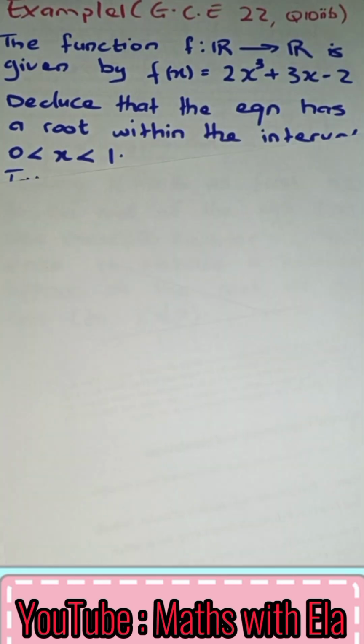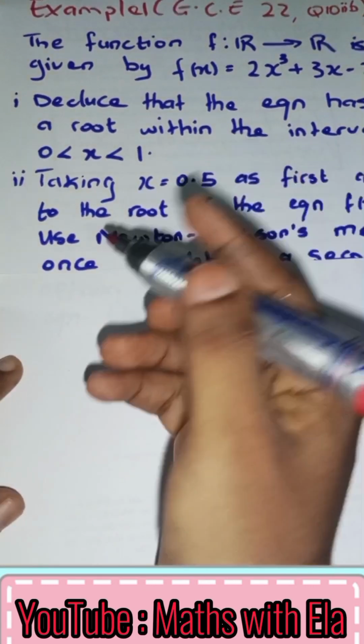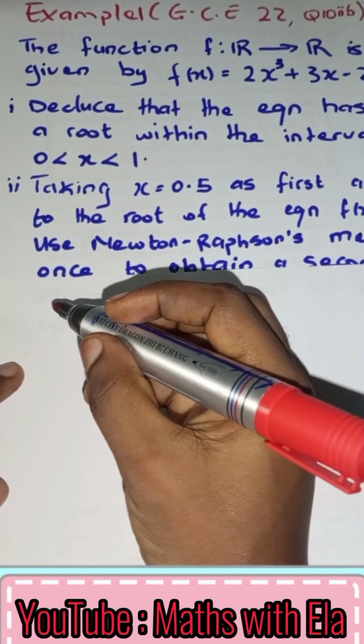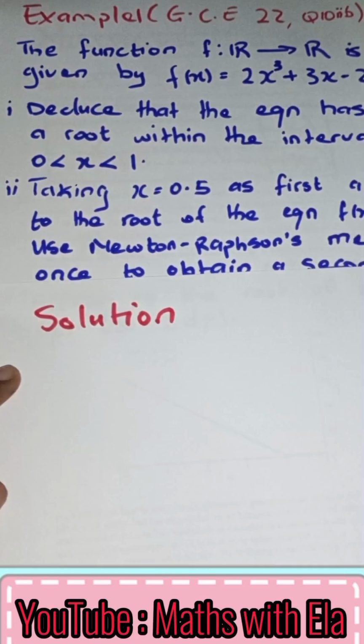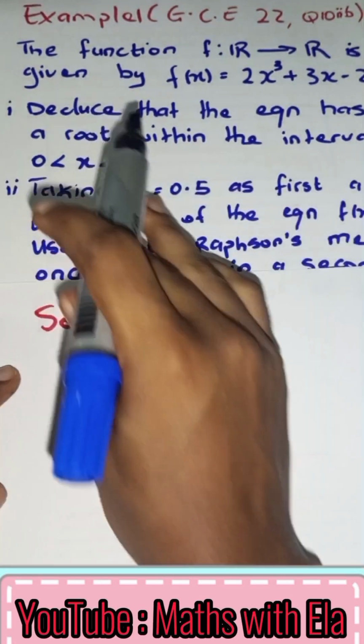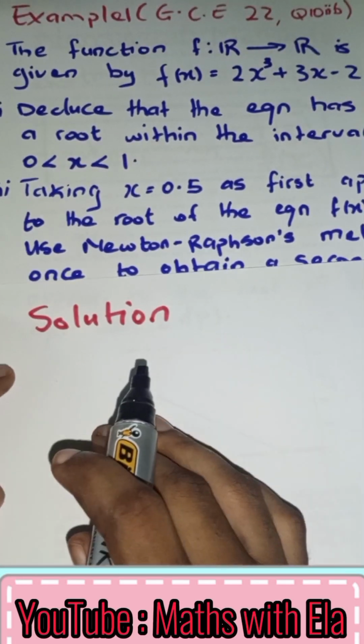So let us solve this GCE question to illustrate how we can use the Newton-Raphson method to approximate the root of an equation. Here we have the solution. The first part of the question asks us to deduce that the equation has a root within the interval 0 and 1.